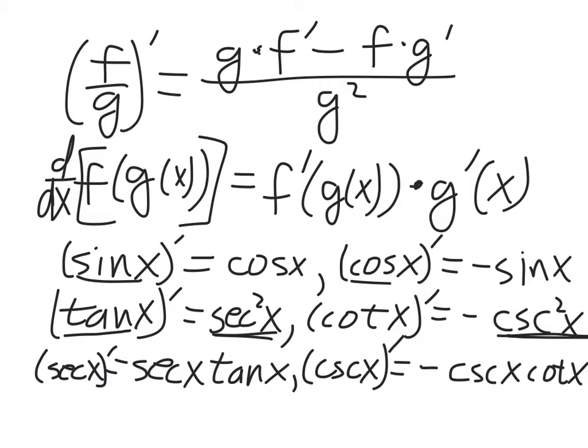And then finally, the one I have the hardest time with is the secant x. Derivative is, well, itself times the tangent x. And then as we relate that to the derivative of cosecant x, again have the negative, and then instead of secant we have cosecant.